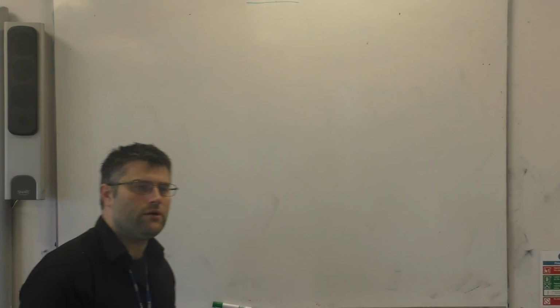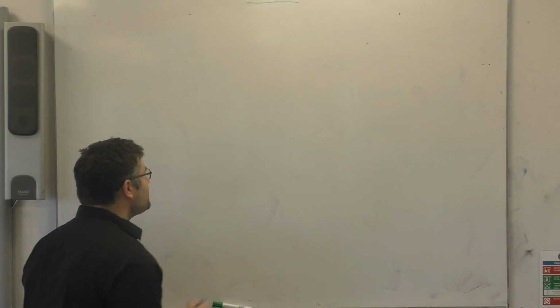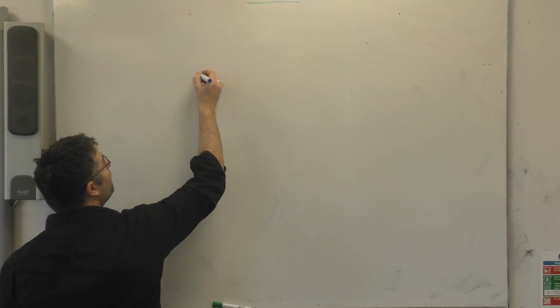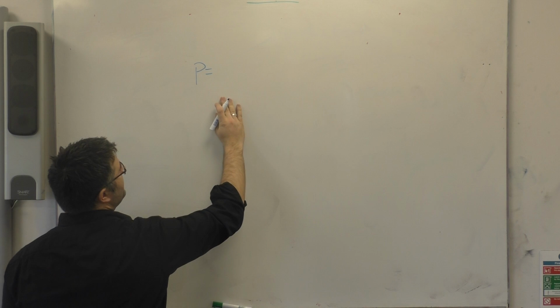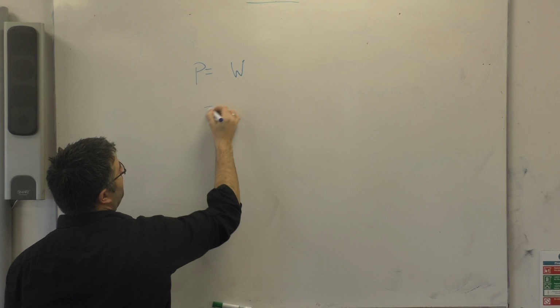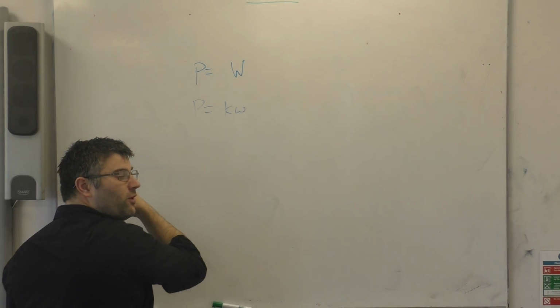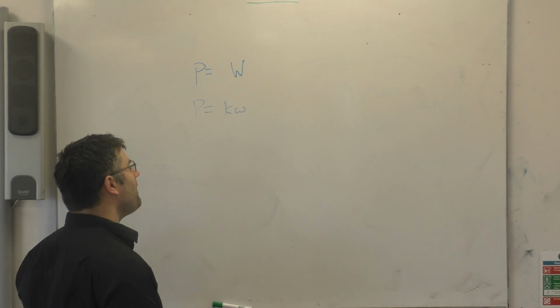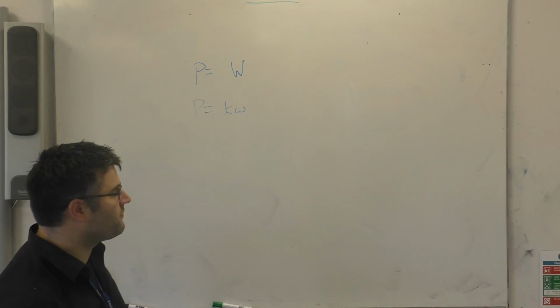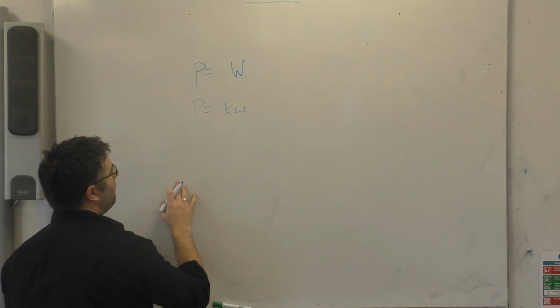Okay, so how do we take this a step further in electricity? Well, we take this a step further because power is not just measured in watts. It can also be measured in kilowatts. And the point being here is that this power can lead to a differentiation of the energy equations that link power.